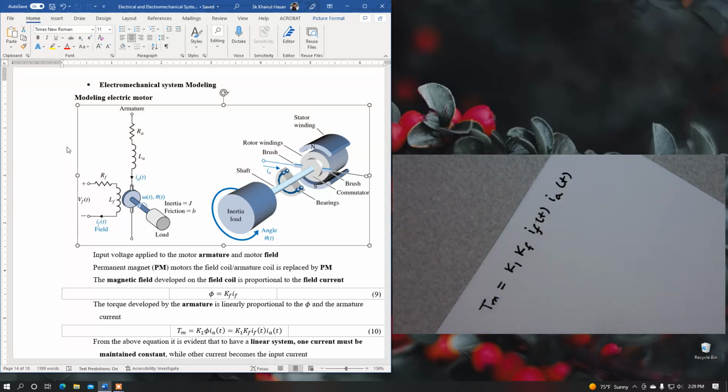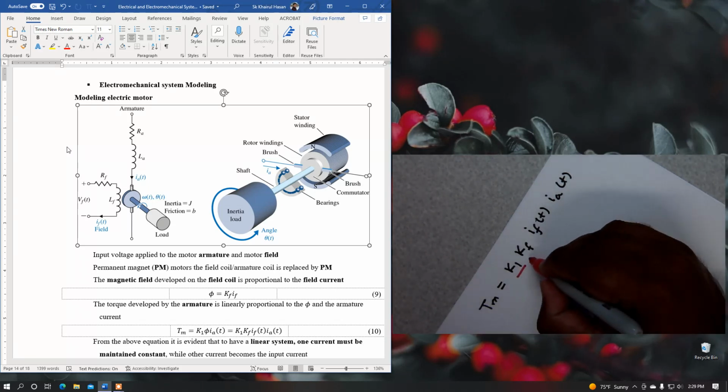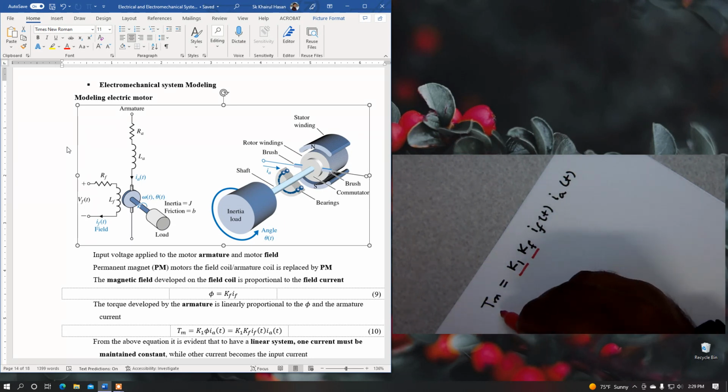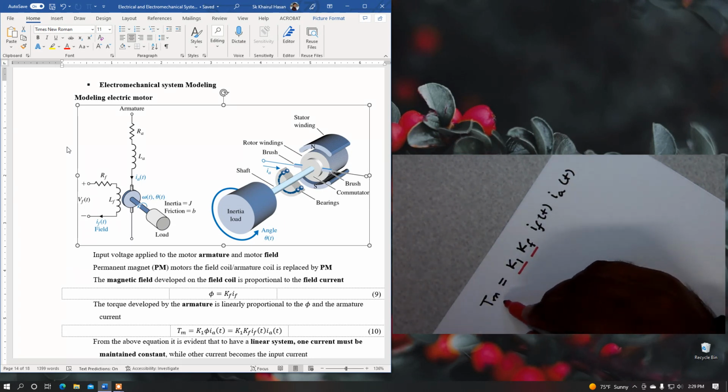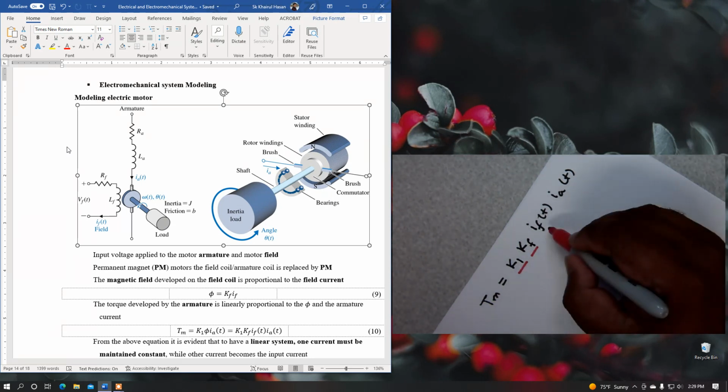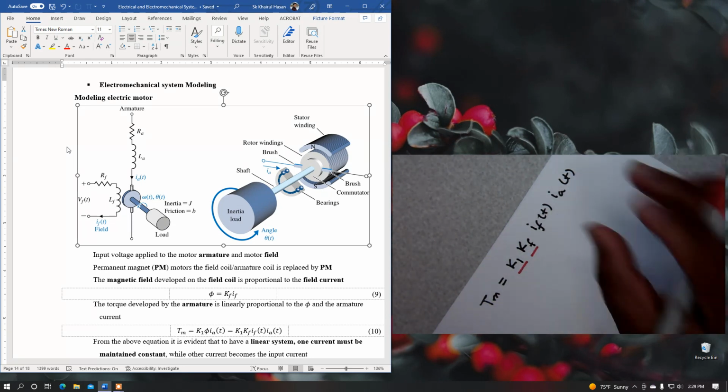So we have a couple of proportional constants here, and now we can establish the linear relationship between the motor torque and armature current or field current by keeping one constant.